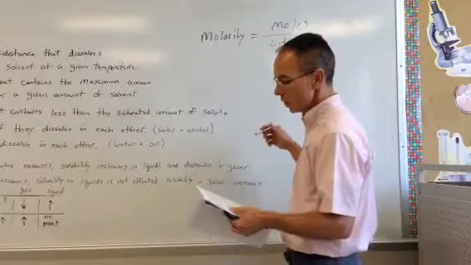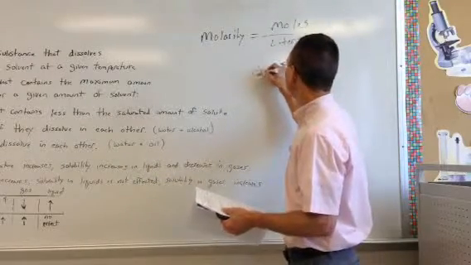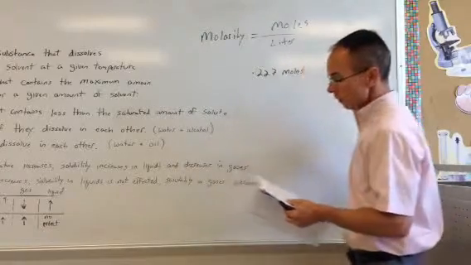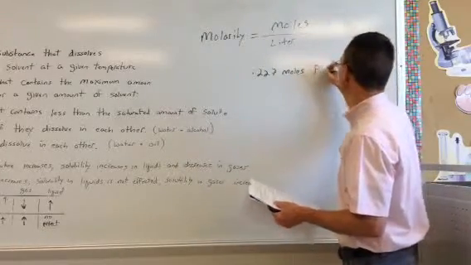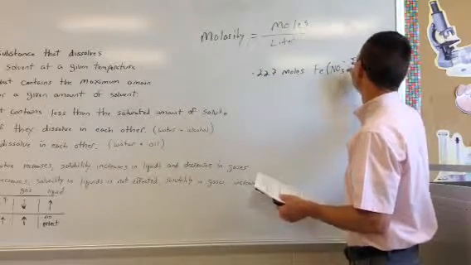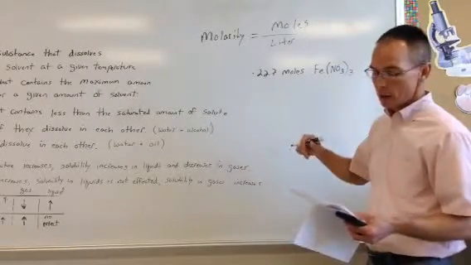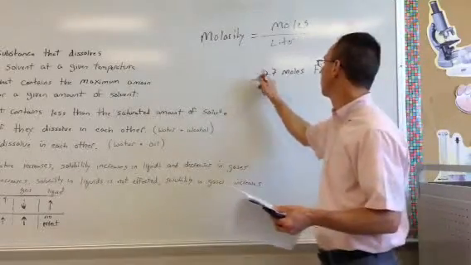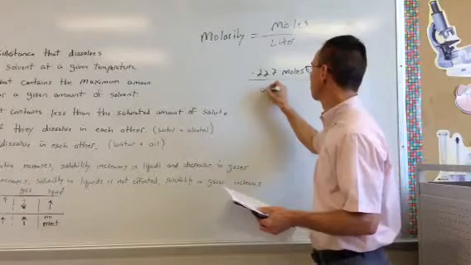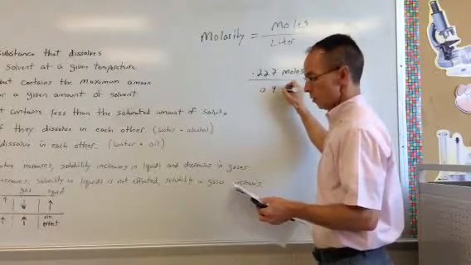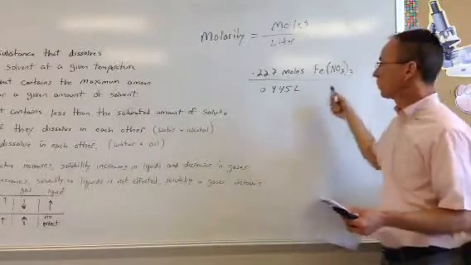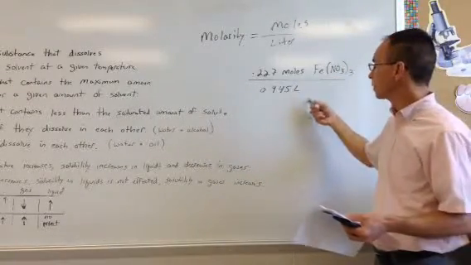They're telling us that we have 0.227 moles of our iron nitrate, and it's in 0.945 liters of solution. So this much solute in this much solution.